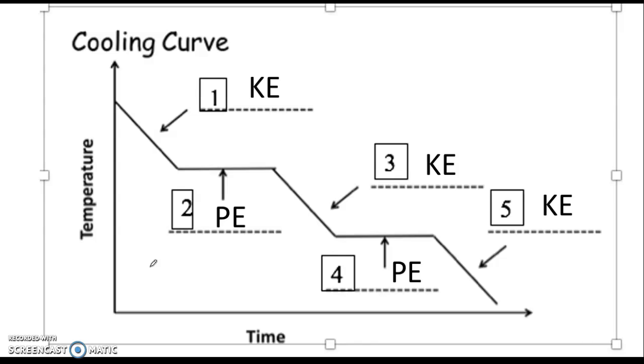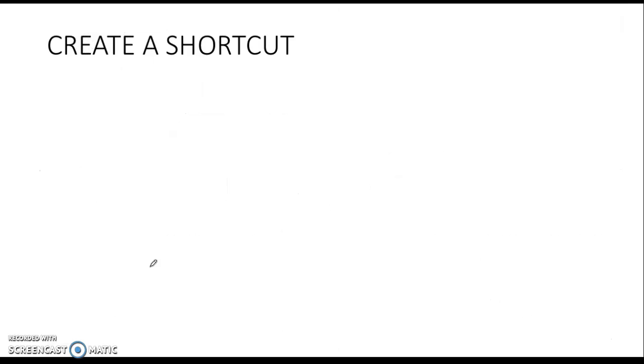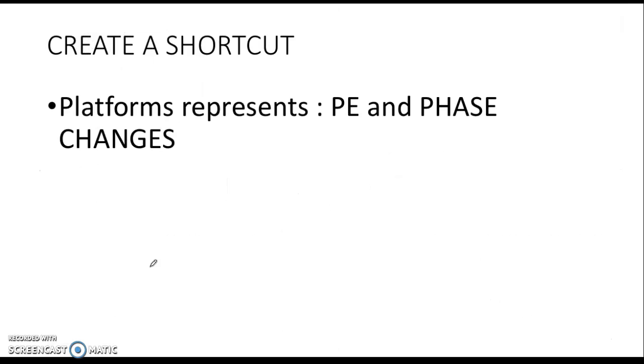Now, if that's a little too complex for you to think about, then also just think about this. Where we have temperature change is where we have kinetic energy, and then potential energy is where we don't have temperature change. So go ahead and create your shortcut.